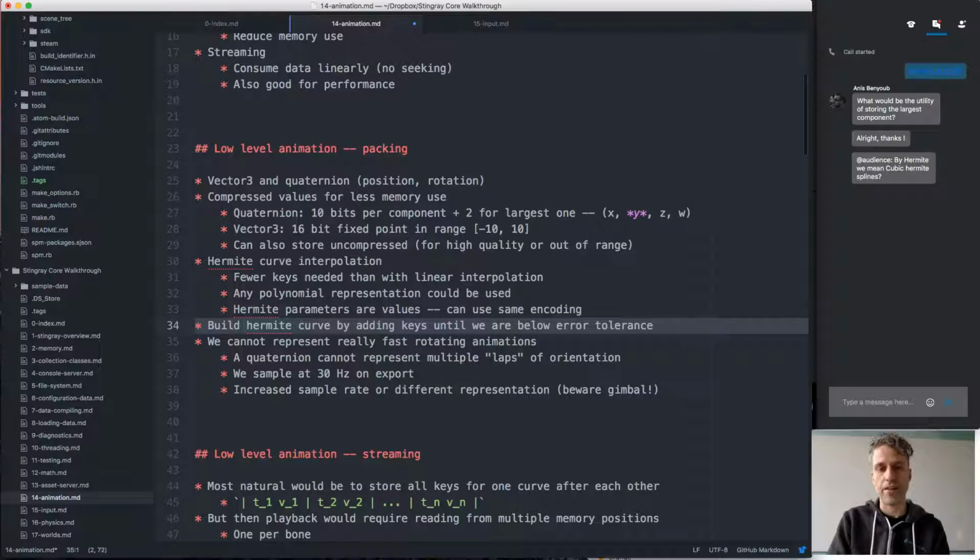If we have a bigger error, we'll add a new key in the middle of the original segment, and then we'll recurse and do this for each part. So we'll go into the first part of the Hermite curve, check the error we have in that part. If the error is still too big, we add a new curve point in the middle of that and continue like that.